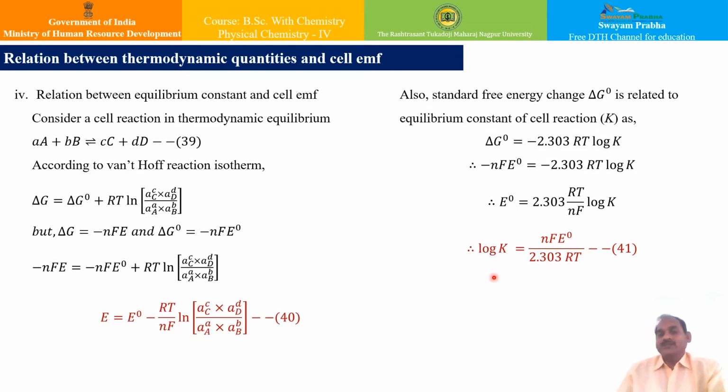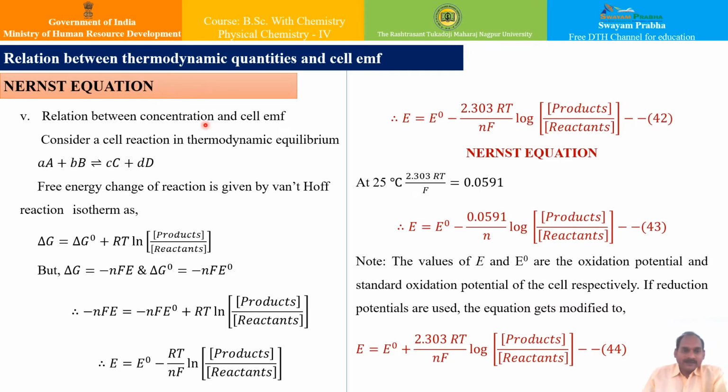So I can find out this way the relation between the logarithm of the equilibrium constant K and the EMF of the cell. There is a very important relation. It is known as the Nernst equation.